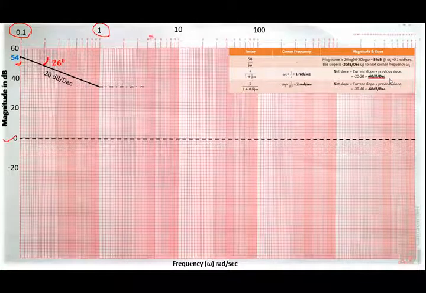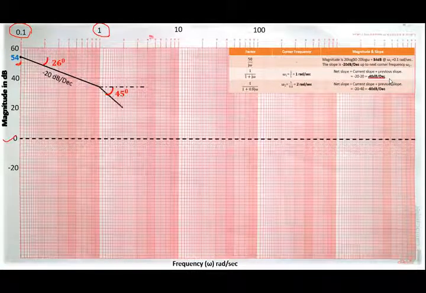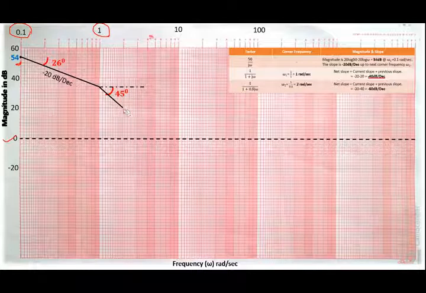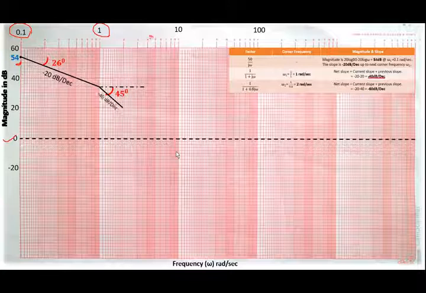So we need to draw a line which makes a 45 degree angle with the real axis. So this is 45 degrees, we need to mark a line till 2 radian per second, that is the next corner frequency. The starting corner frequency is 1 radian per second and the next corner frequency is 2 radian per second. So this is the minus 40 dB per decade slope.